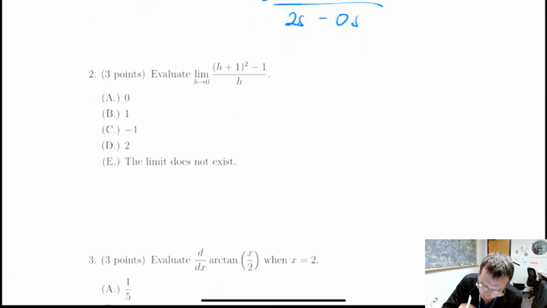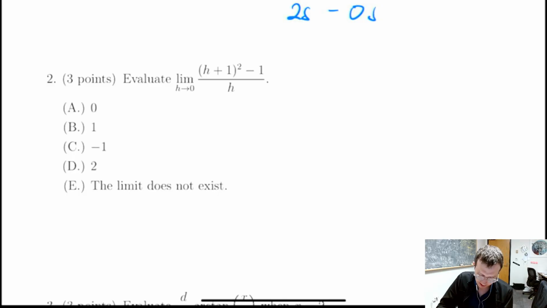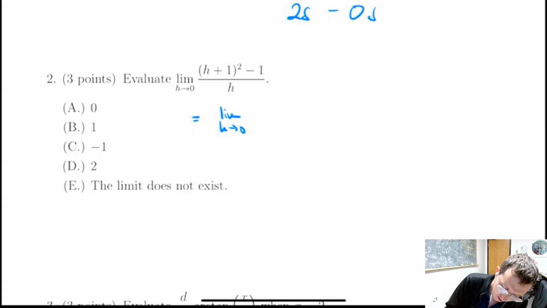We're evaluating the limit. I'm going to do this the way that you should do it. I'm also going to do it the fun way. I'm going to do the fun way first, because it'll be more satisfying to check it directly.